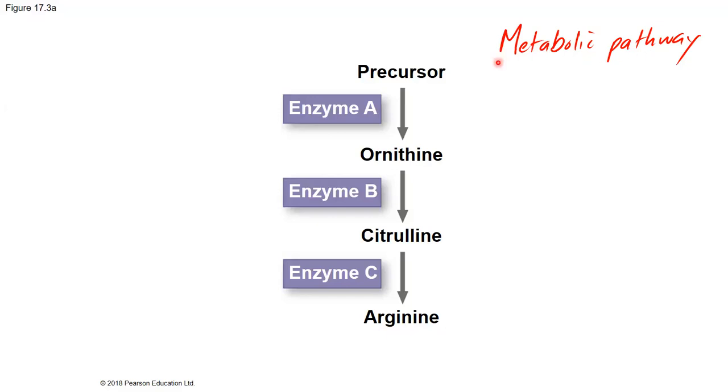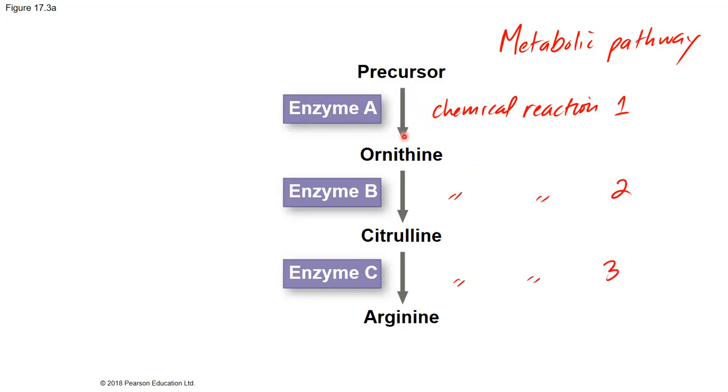A metabolic pathway consists of consecutive chemical reactions. So this is chemical reaction one, let's say. This is chemical reaction 2, and this is chemical reaction 3.